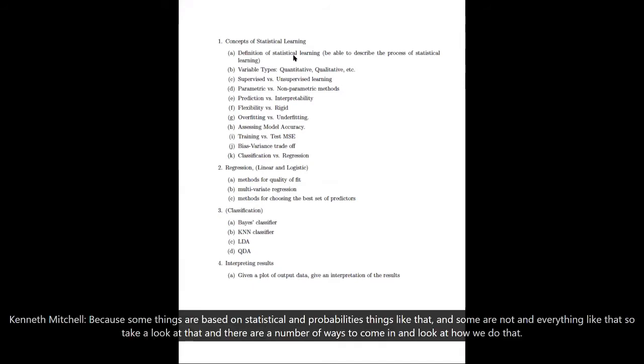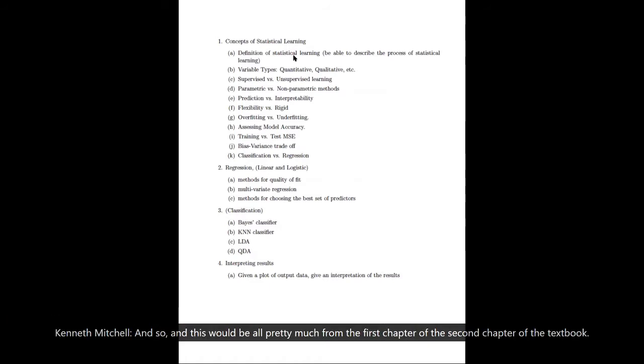Because some things are based on statistics and probabilities and things like that, and some are not. So take a look at that, and there are a number of ways to look at how we do that. And this would all pretty much be from the first chapter and the second chapter of the textbook.